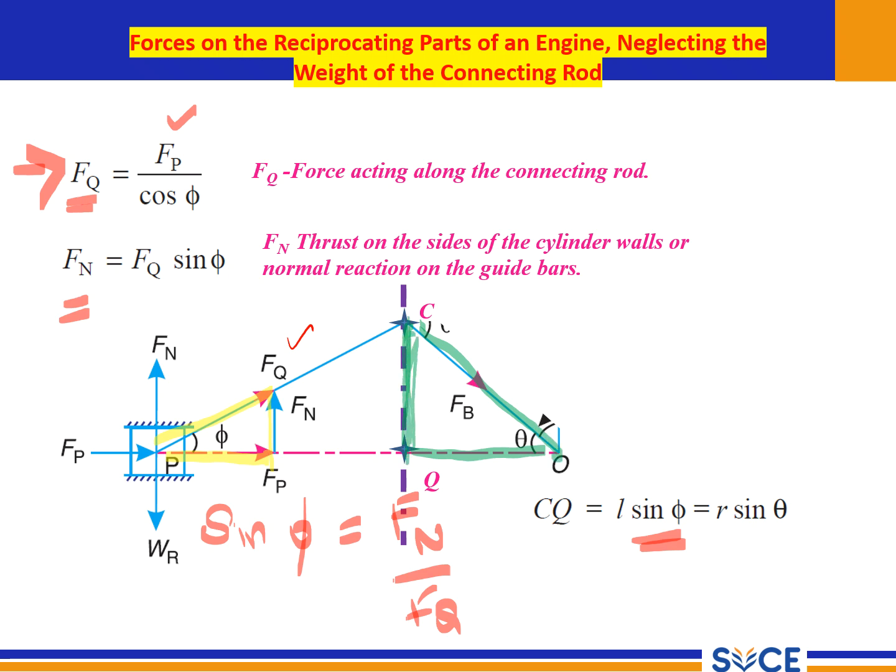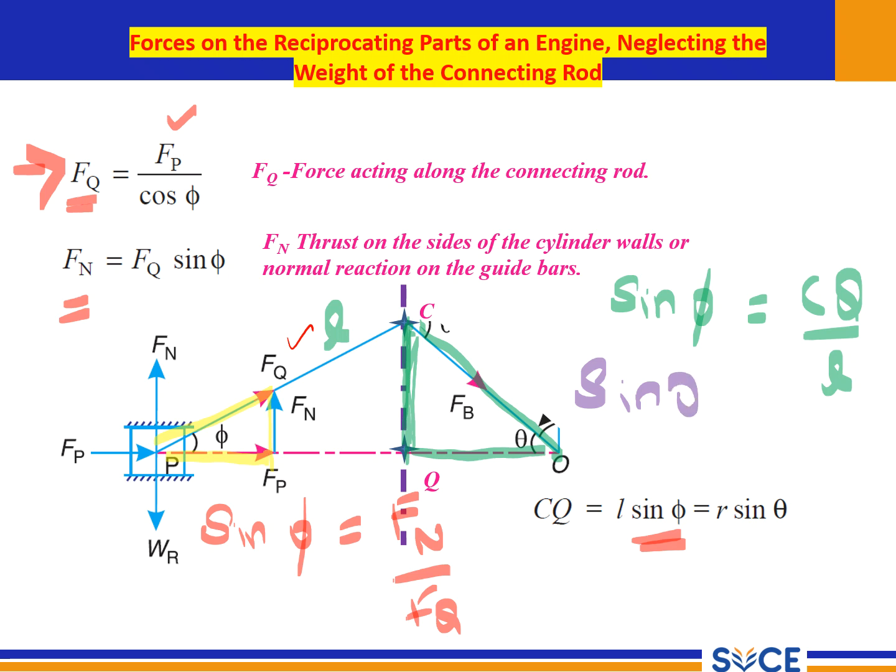On the left hand side, sin phi equals, since it is the opposite side, CQ divided by L, where L is the hypotenuse. Similarly, on the right hand side, sin theta equals CQ divided by R. Since CQ is common in both formulas, L sin phi equals R sin theta. Because of that, we get n equal to L by R.